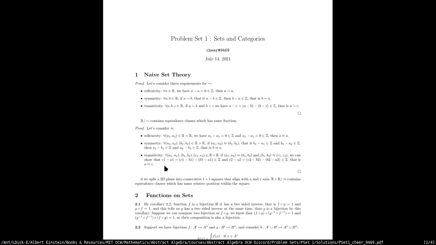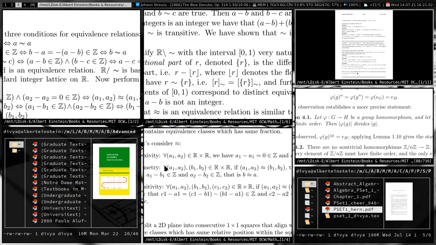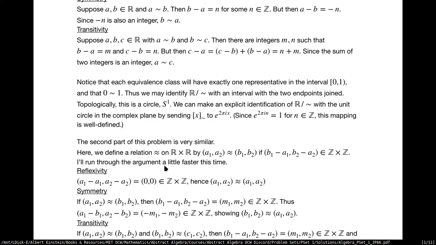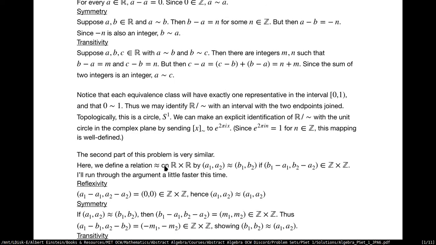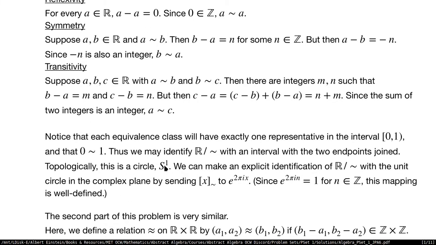Cheer. Right. Yeah, so he has also got the same solution, right? R slash turtle, the equivalence classes which have the same fraction. Okay. Is there anything else? Thus, we may identify R slash turtle with an interval with the two endpoints joined.